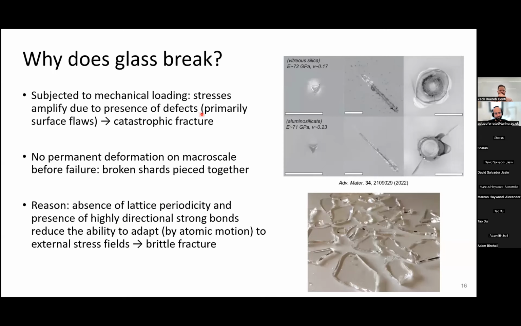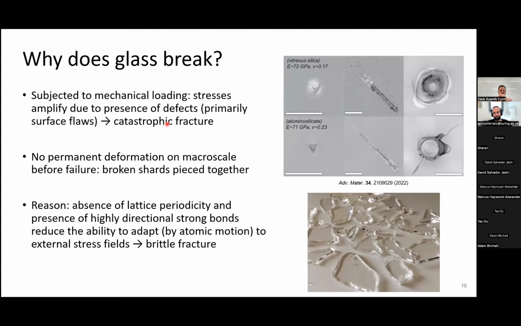So glasses break because stresses typically amplify at the presence of defects. We have surface flaws that amplify the stresses, and because we don't have stable shearing mechanisms, no permanent deformation, we have catastrophic fracture. So we know that if we drop a piece of glass, we can take up all the small pieces and put them perfectly back together because no permanent deformation had occurred.